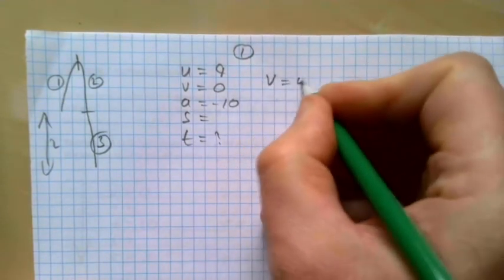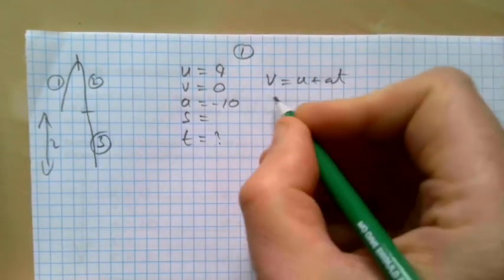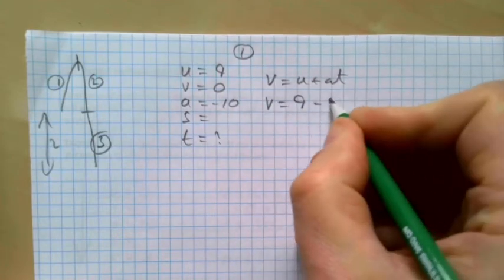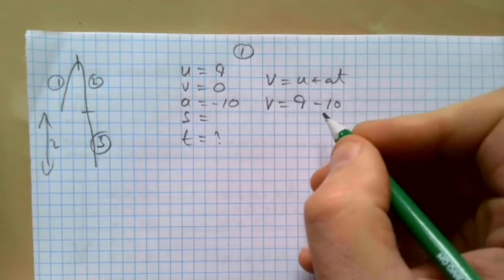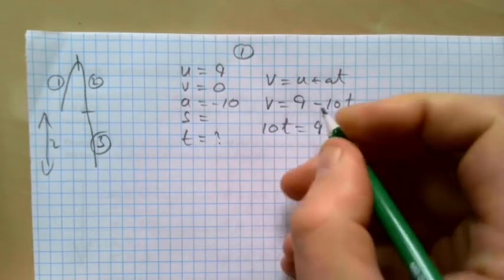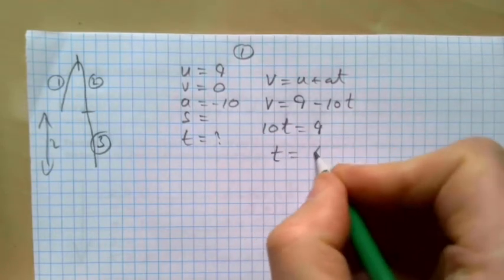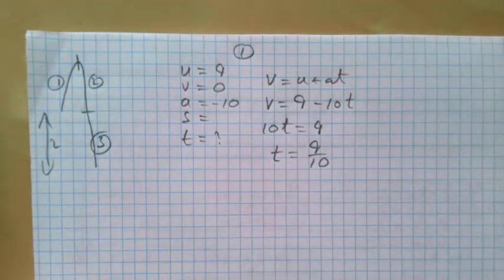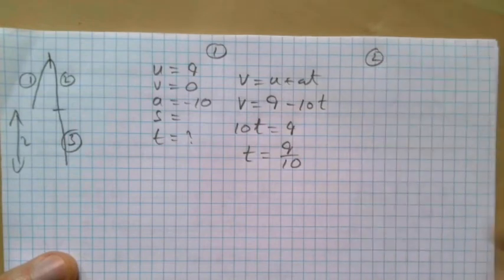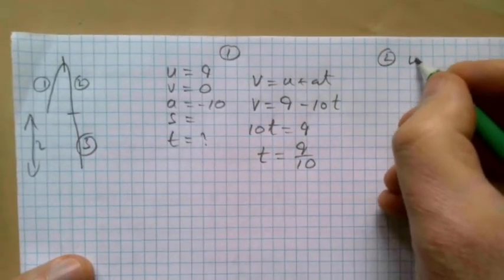So V equals U plus AT, 0 equals 9 minus 10T, 10T is 9, and T then is 9 tenths. For section 2 we can do something quite clever, and we can use symmetry.